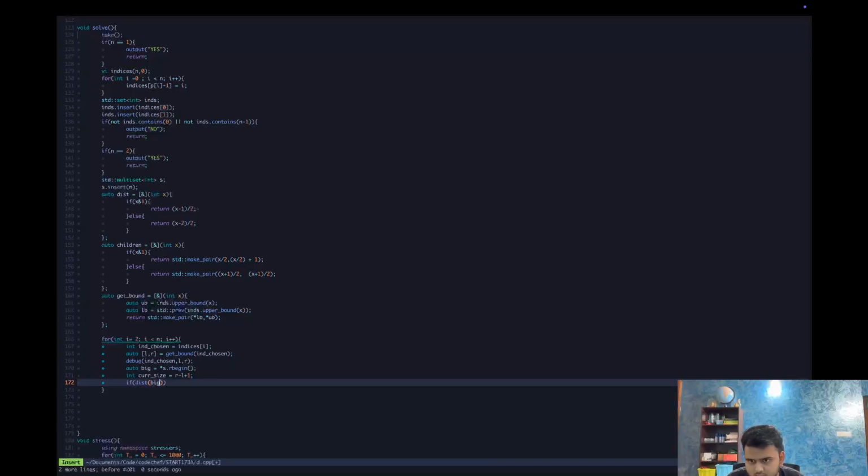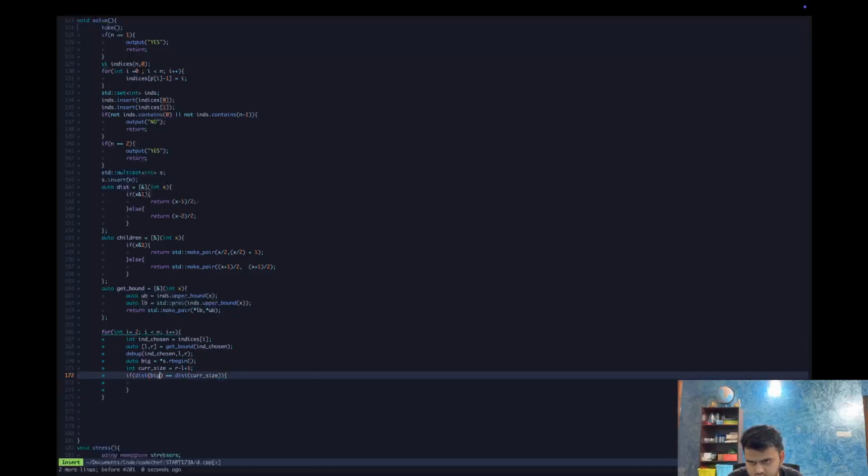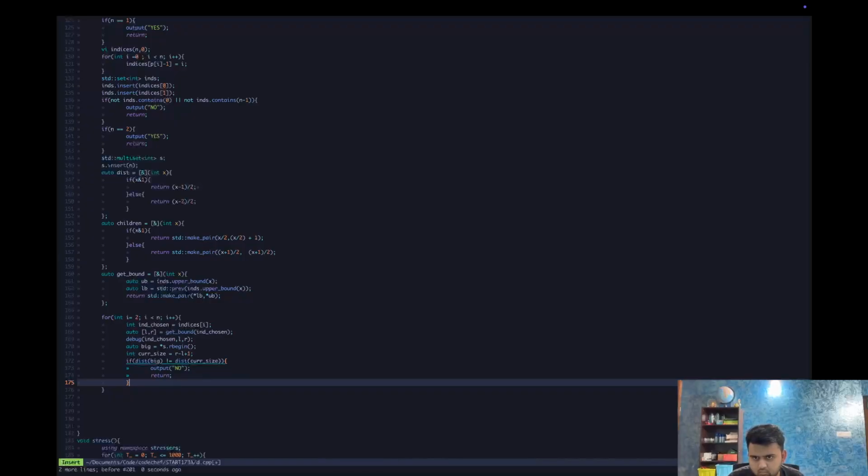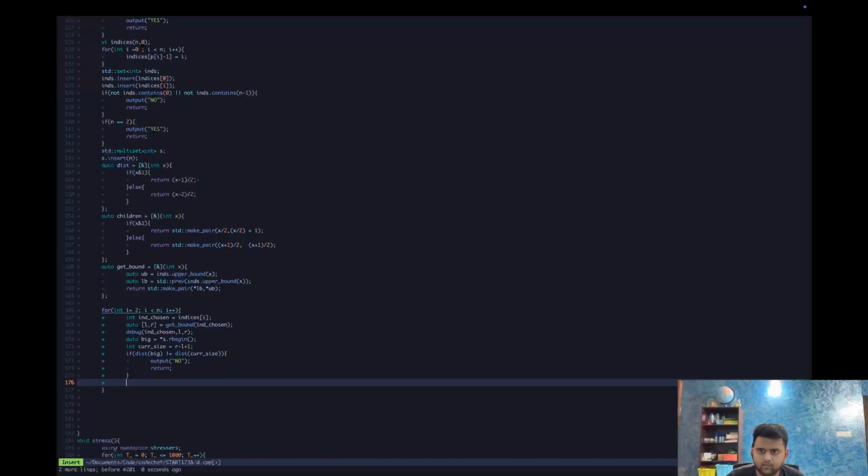If dist big is equal to dist cur size, then it's suboptimal. Return. Then it's no, and so now we know it's equal.